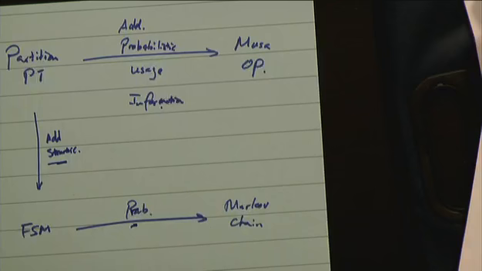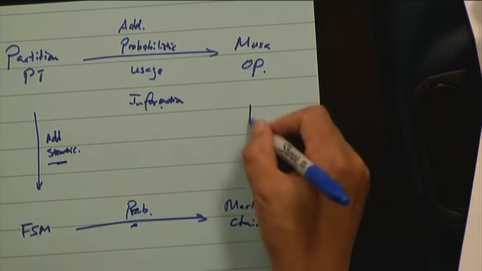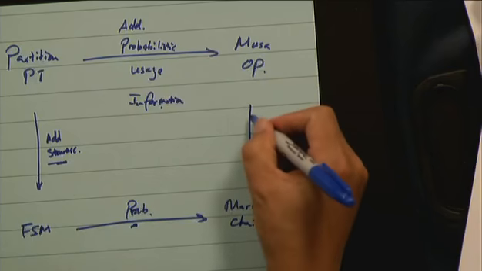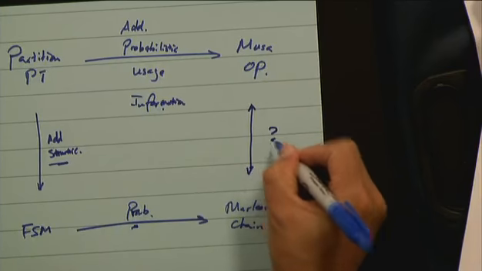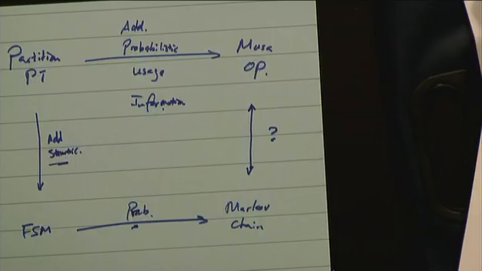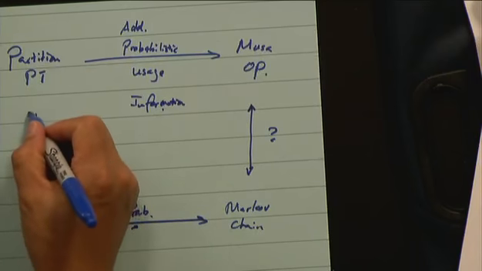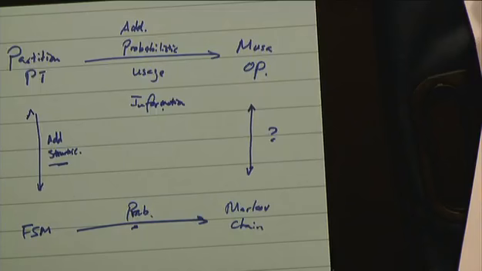Okay, and so sometimes we can ask, can we convert between the Markov chain and the Musa operational profile? There are also some possibilities of doing some of the conversions here, and you can collapse some of the things into the partitions in the finite state machines as well.